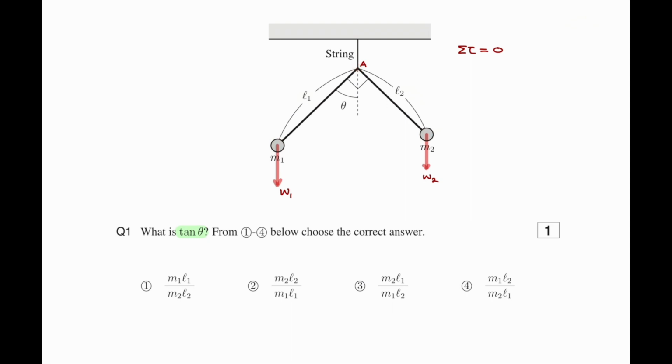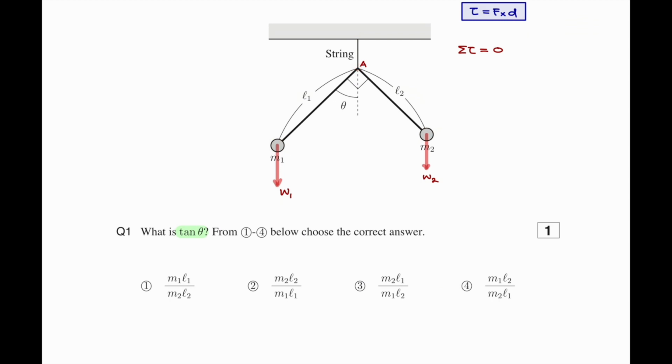The formula of torque, or moment of force, is force times perpendicular distance. This is the formula of torque. The distance between the force and the pivot must be perpendicular.